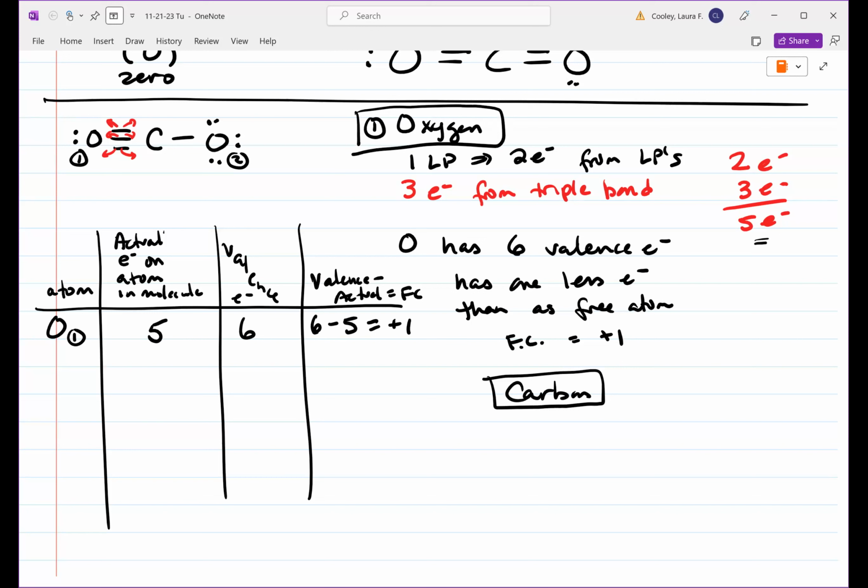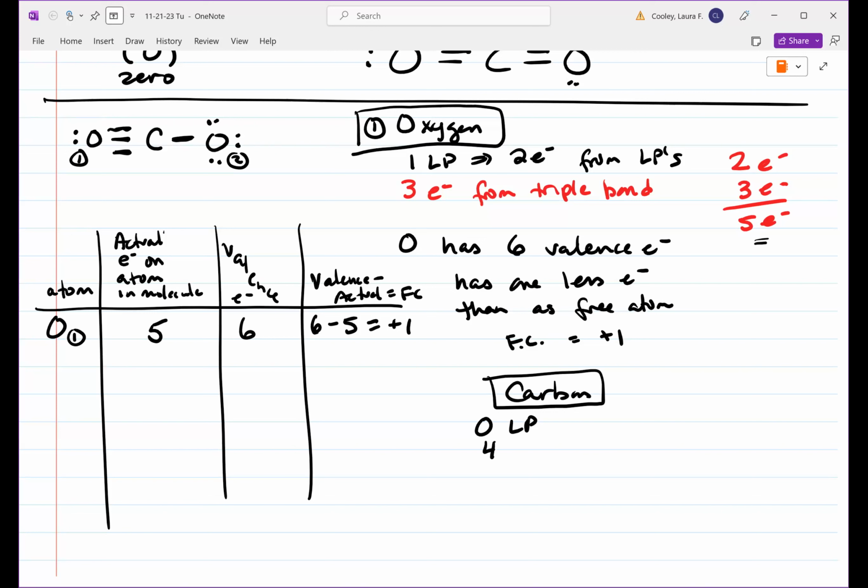Okay, so it has 0 lone pairs, and it has how many electrons from bonds? 4, because there are 1, 2, 3 from the triple bond, and 1 more for 4.